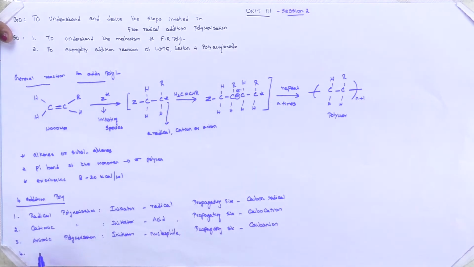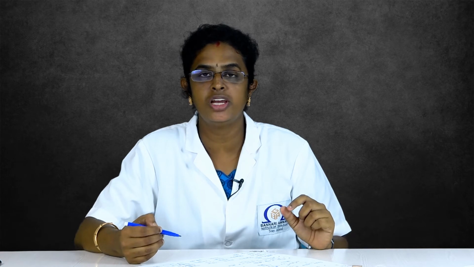Finally, we have coordination polymerization. In a coordination polymerization, the initiator will be a metal complex and the propagating site will be a terminal catalytic complex. So, these are the 4 types of addition polymerization.